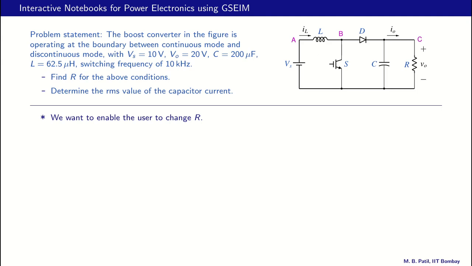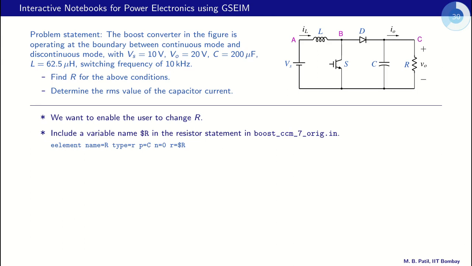So in short, as we mentioned, we want to enable the user to change the value of R. How do we do that? We prepare a GSEIM circuit file called Bose CCM7 original.in, and in that file we include a statement like this: electrical element name equal to R, type equal to R, P equal to C, N equal to 0.